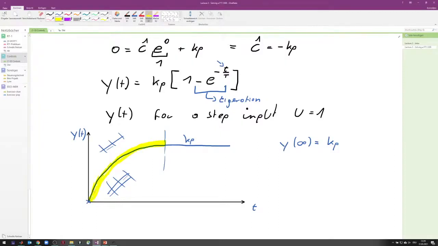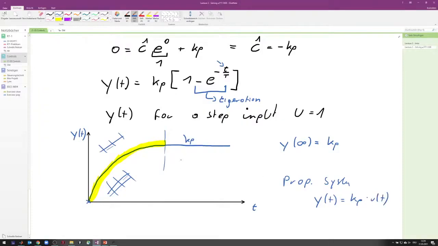So one nice thing is, I guess everyone understood a proportional system, right? We said a proportional system is nothing but taking the input and multiplying it with a constant.